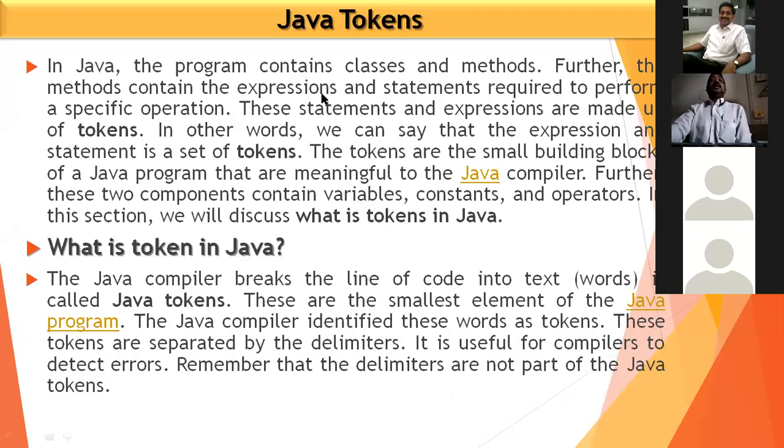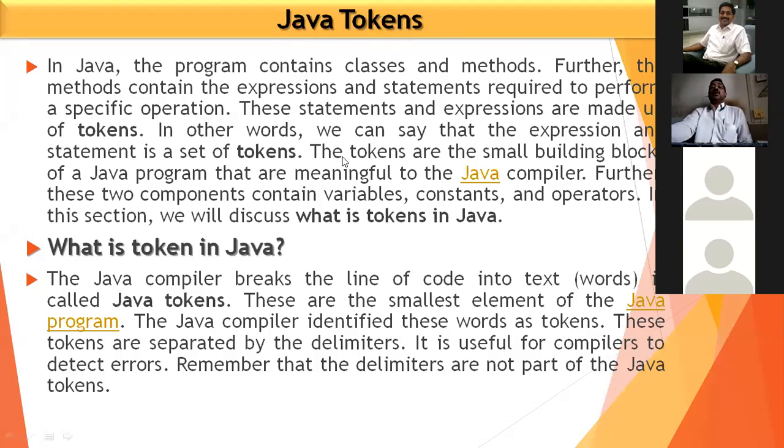The methods contain the expressions and statements required to perform a specific operation. These statements and expressions are made up of tokens. We know the C tokens. Like this, the Java tokens are defined here. In other words, the expression and the statement is a set of tokens.